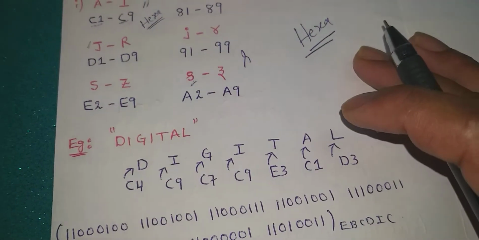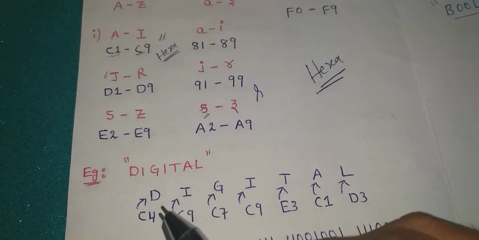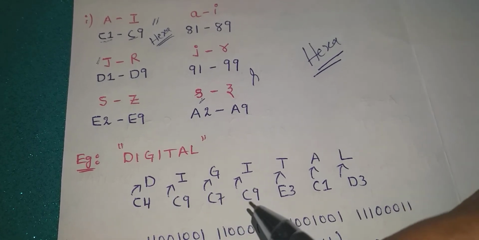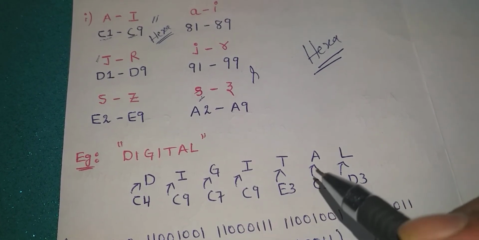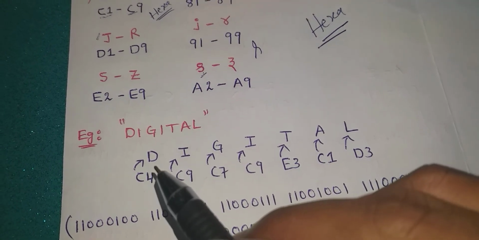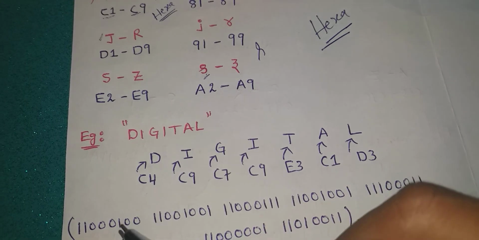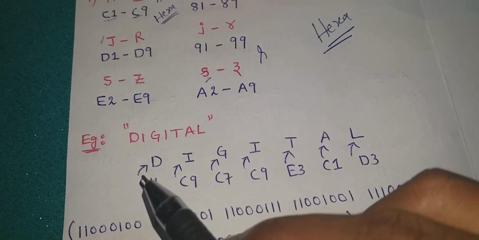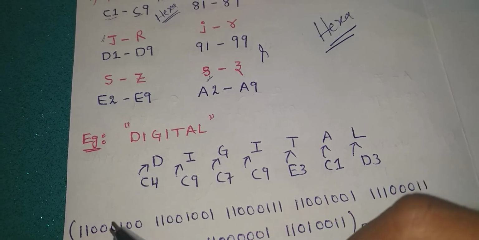Now look at the same example, DIGITAL. D is C4, I is C9, G is C7, I is C9, T is E3, A is C1, L is D3. Now we know how to write a hexadecimal in binary: 1 hexadecimal digit is equal to 4 bits in binary.